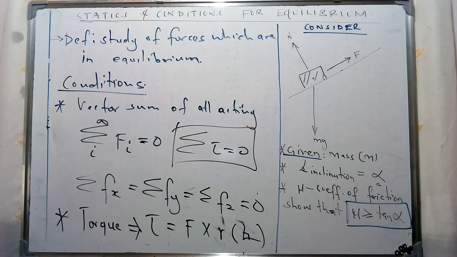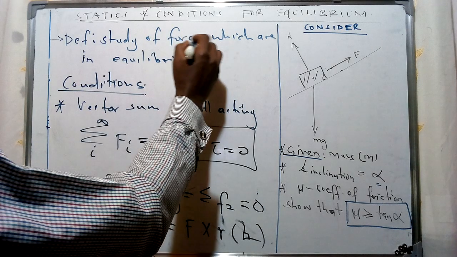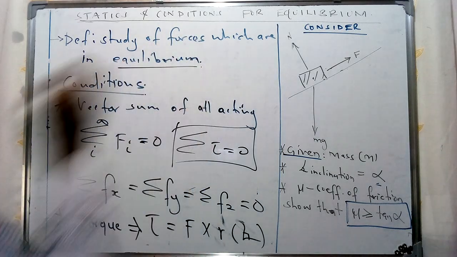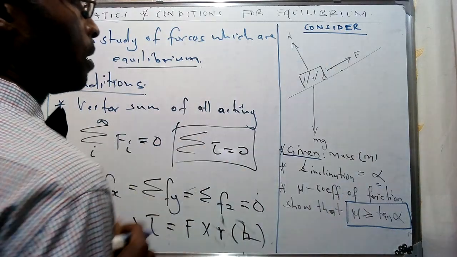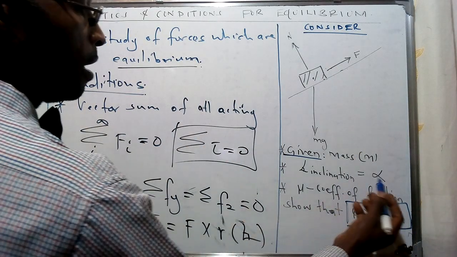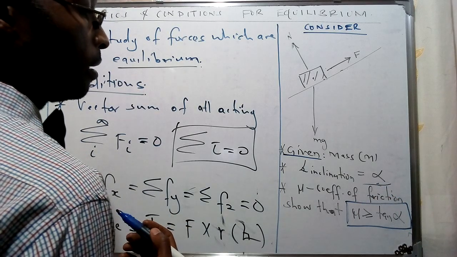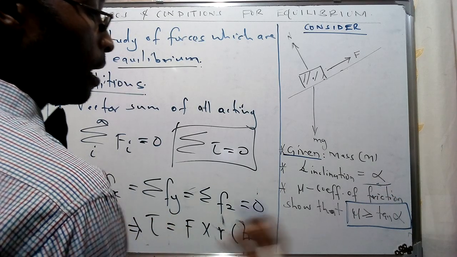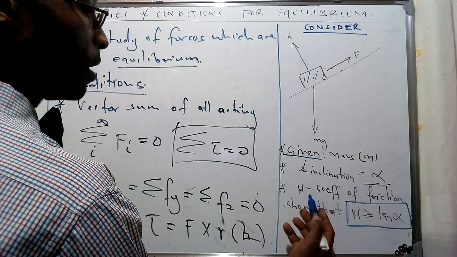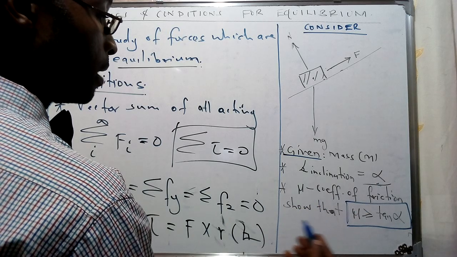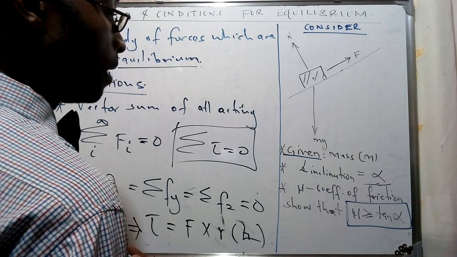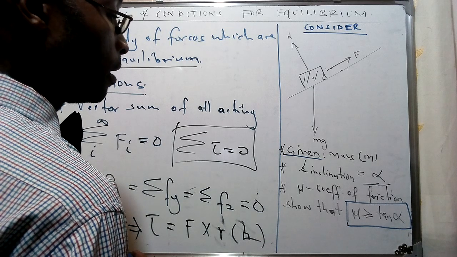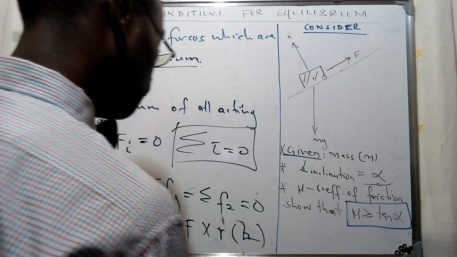So in that particular case, we are going to look at this example which I have given and try to see if this object is going to be balanced on this inclined plane, which has been inclined at an angle of alpha. We are going to compute the coefficient of friction and show that the coefficient of friction is equal to or greater than the tan of alpha.